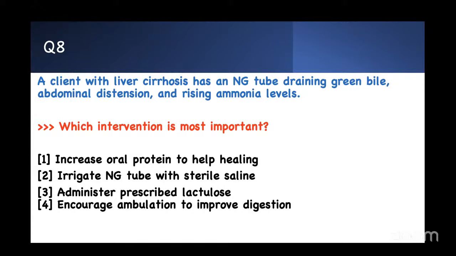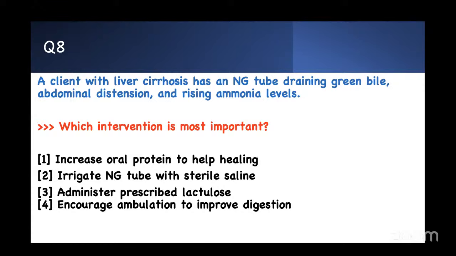Something should trigger you that a cirrhosis patient cannot clear the ammonia. So if the ammonia is high, they're going to have hepatic encephalopathy. This is a nursing process, high-level critical thinking question. Based on what you know, rising ammonia is going to cause hepatic encephalopathy. What would you do in your nursing process, right?